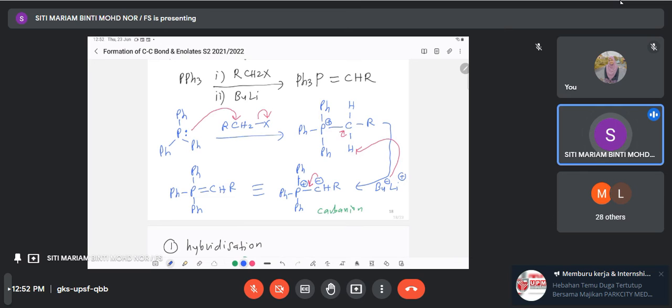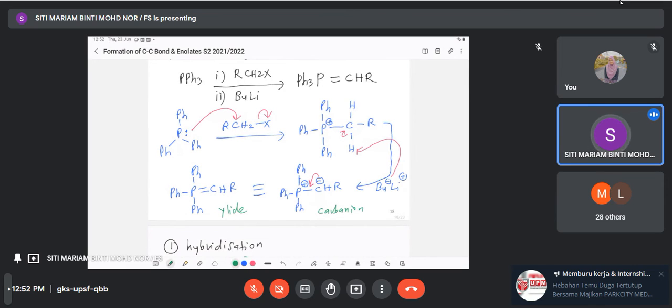This one is the carbanion, and this one is the ylide, an equivalent structure, because your negatively charged carbon can donate electrons to stabilize the positive charge on phosphorus. So this is the formation of ylide.